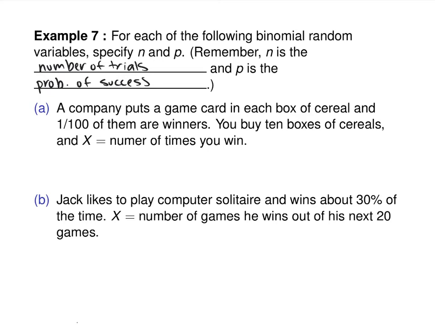Now we do assume that from one box to the next the boxes are independent, as in they don't put all of the winning boxes in one crate. Anyhow, first of all, n, the number of trials. How many boxes of cereal do you buy? You buy 10, so n is equal to 10. Which means you can win 0, 1, 2, 3, up to 10 times. And for the probability of success, we're going to define success as winning. It is 1 out of 100, or 0.01.